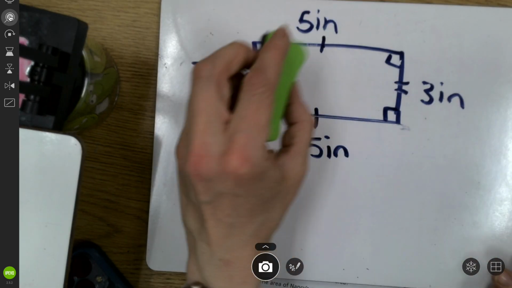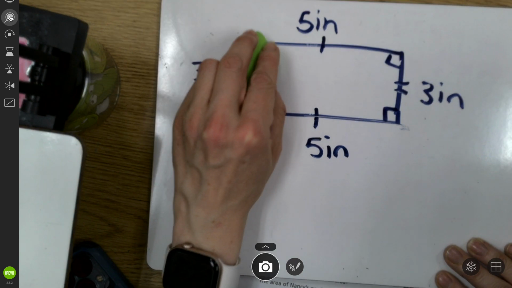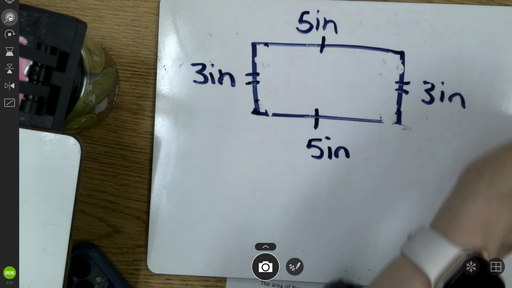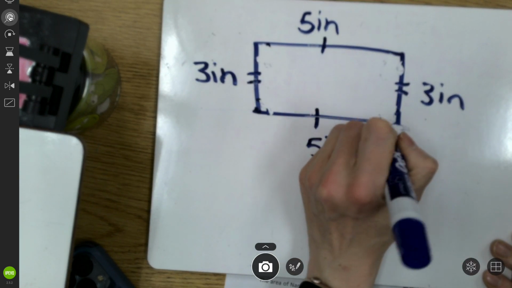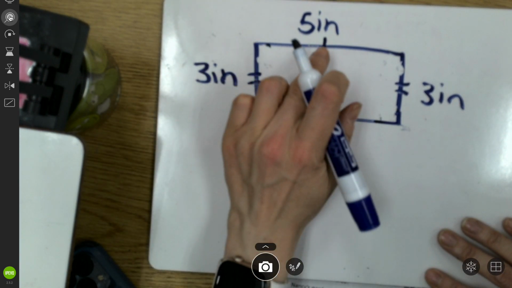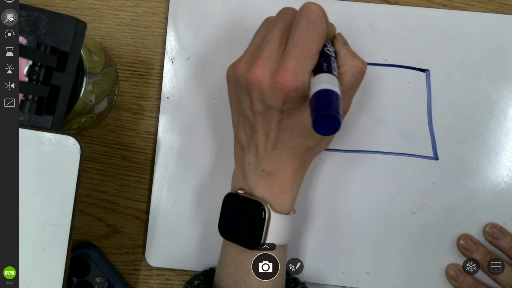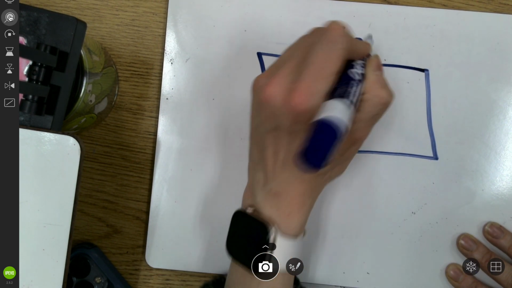And how we measure area, we measure it in square units. So check this out. You know what, I'm gonna draw a new rectangle. I'm gonna keep the same measurements. 5 inches.